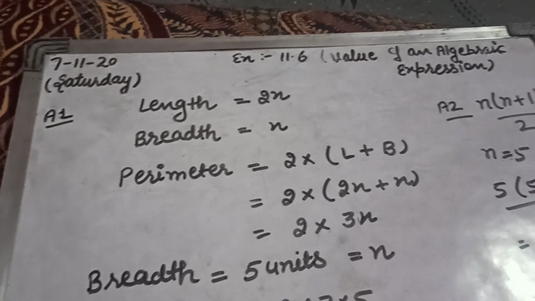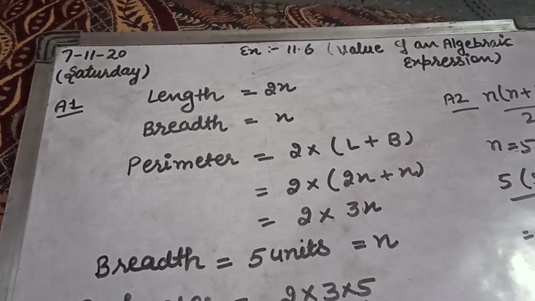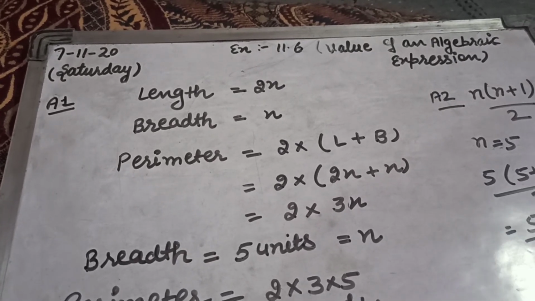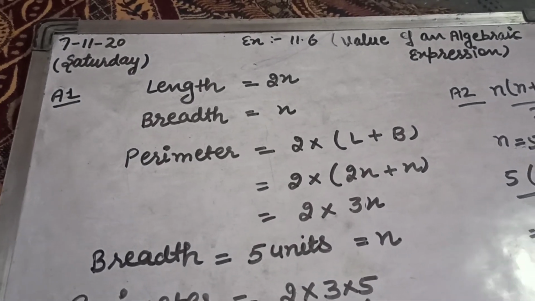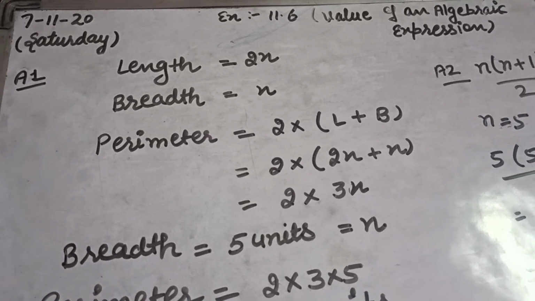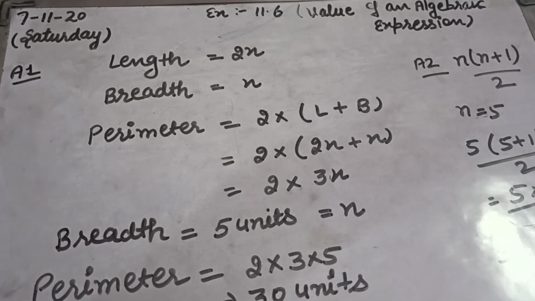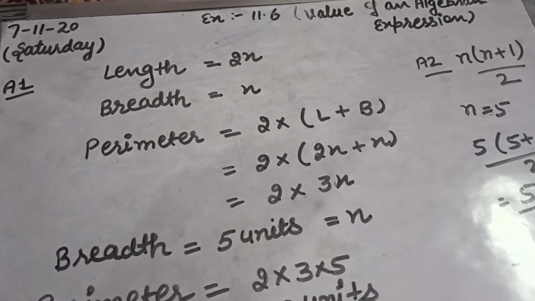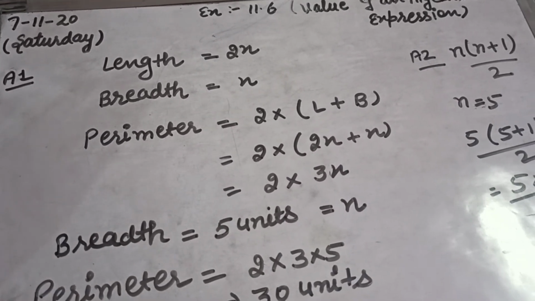Clear to all? Now the A3 is, Dilip wants to buy 2 pens and 3 pencils. Write an algebraic expression firstly to find the total cost. So, look students, this question we have done in exercise 11.5 also. In that exercise, they are asking whether this expression is algebraic or mathematical expression, right?